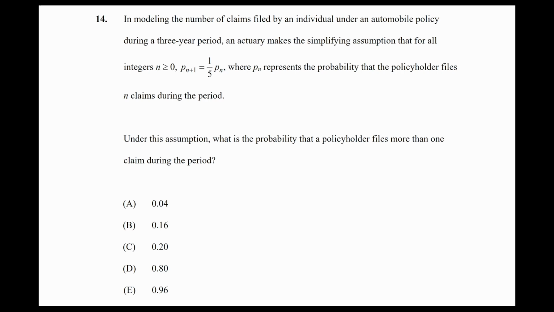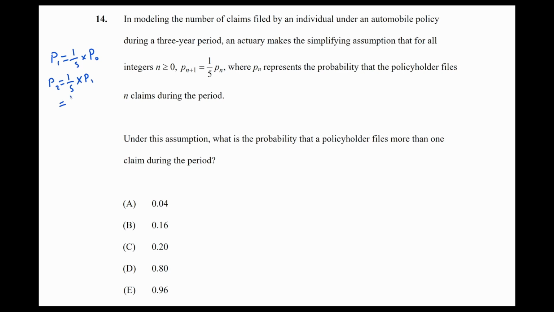So let's just say we want to find P1. What is that going to equal? 1 over 5 times P0. Okay, that was easy. So now let's do P2. Well, that's 1 over 5 times P1. But we can substitute P1.